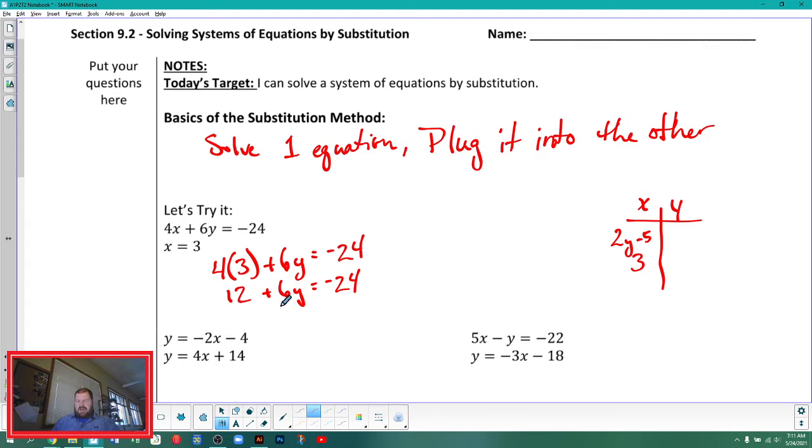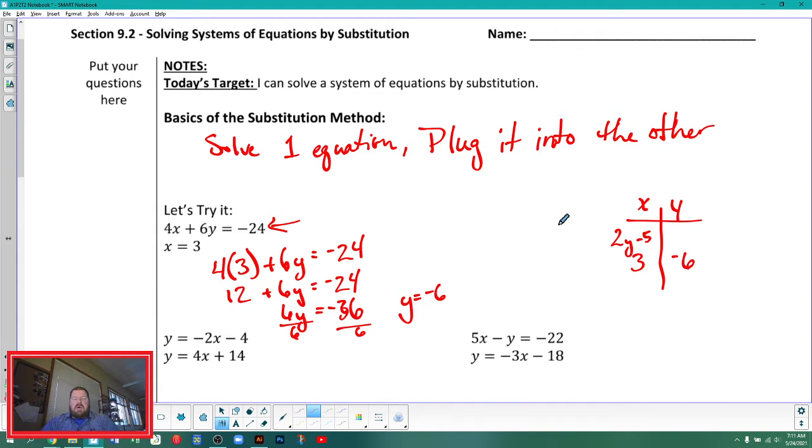And if I subtract 12 from both sides, I get 6y equals negative 36. And when I divide by 6, I get y is equal to negative 6.